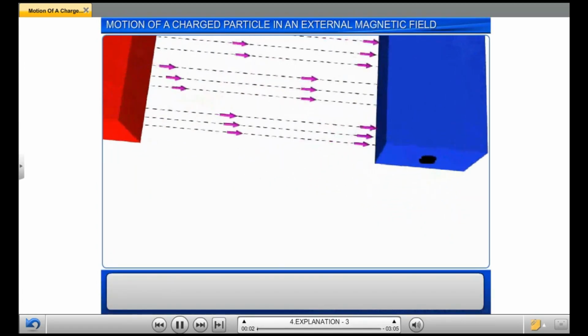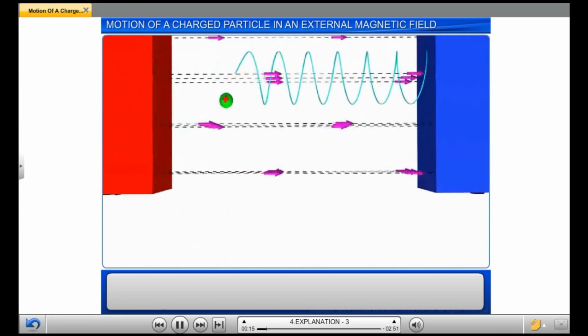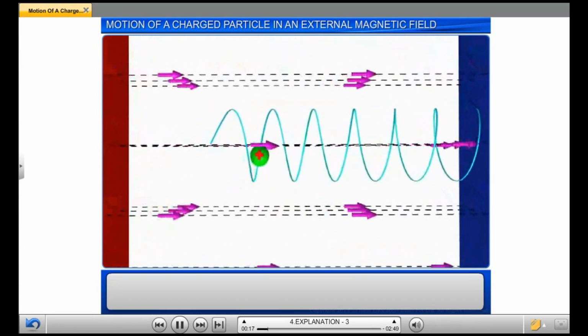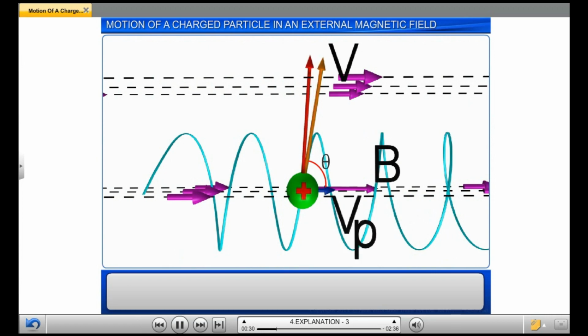Now, consider that the charged particle is projected at an angle theta to the uniform magnetic field, which is anything other than 90 degrees. In this case, we need to resolve the velocity into two components. One component parallel to the magnetic field, Vp, and the other component perpendicular or normal to the magnetic field, Vn.